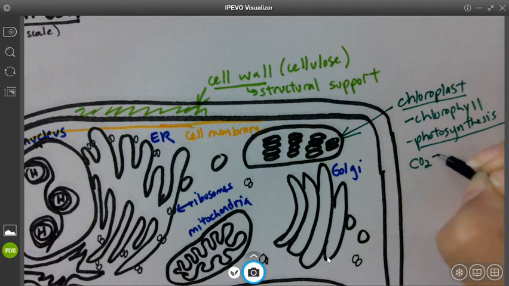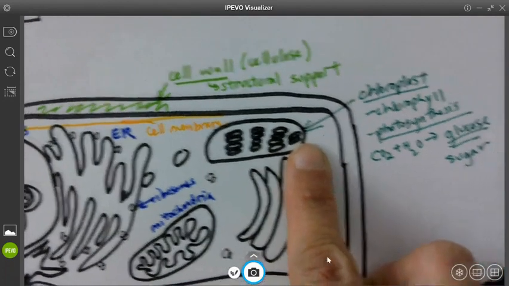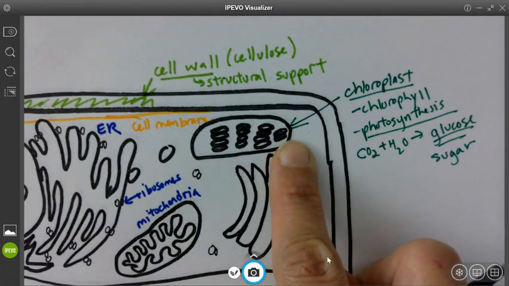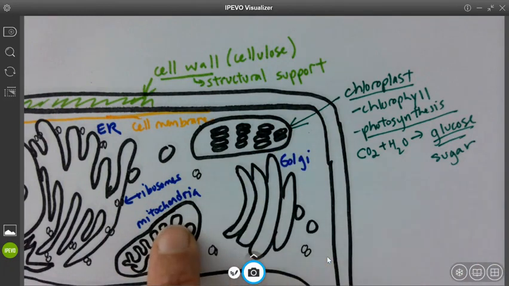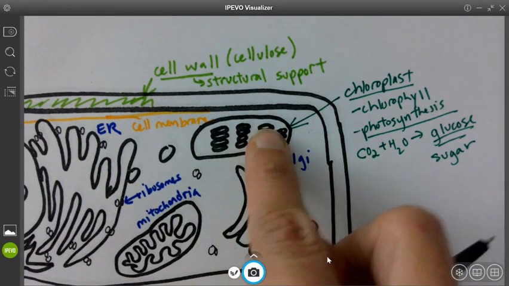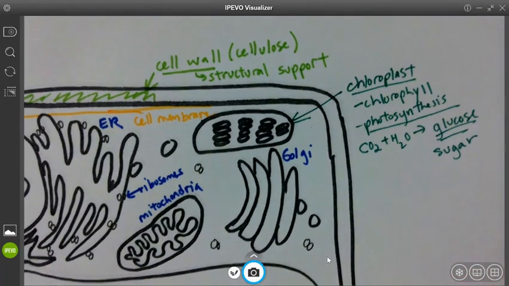Photosynthesis converts carbon dioxide and water into glucose, into sugar. This is also a product of endosymbiosis, which we'll talk about later. So plant cells have both the mitochondria that does cellular respiration and the chloroplast that does photosynthesis.